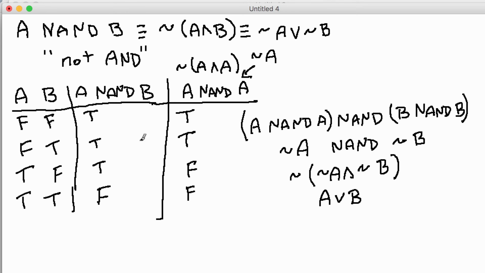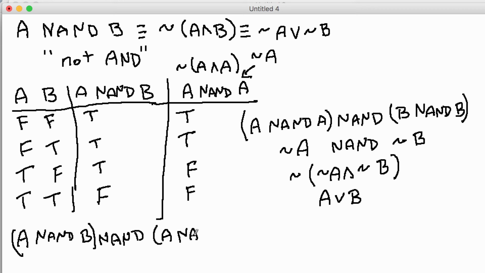The other interesting thing to note here is let's consider the following. Suppose I went A NAND B, NAND A NAND B. Okay, now notice both of these terms are exactly the same. They both say A NAND B, okay?